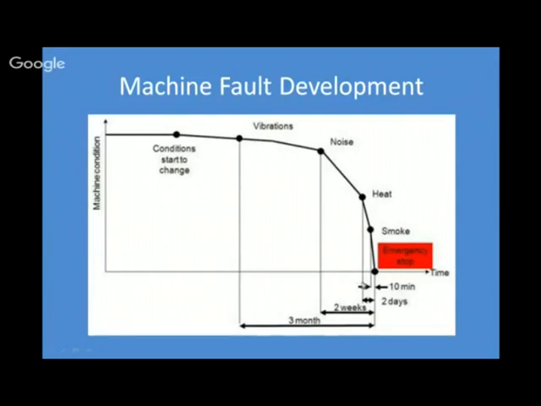So we have sufficient time here to diagnose the fault, or we can predict the fault at an early stage, so that this type of failure is avoided. So we can monitor the faults at these stages so that we can change the faulty components in the motor. So we have to follow this curve for the maintenance of the machine.